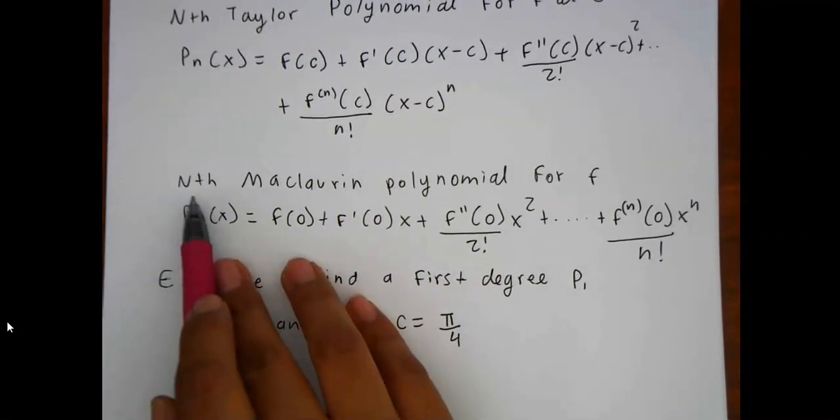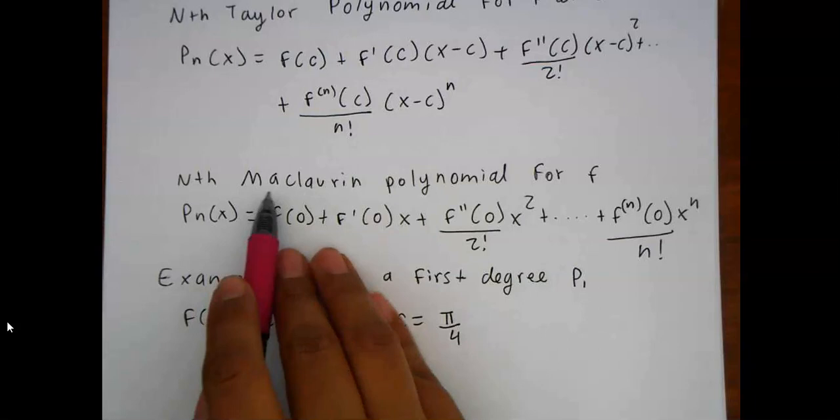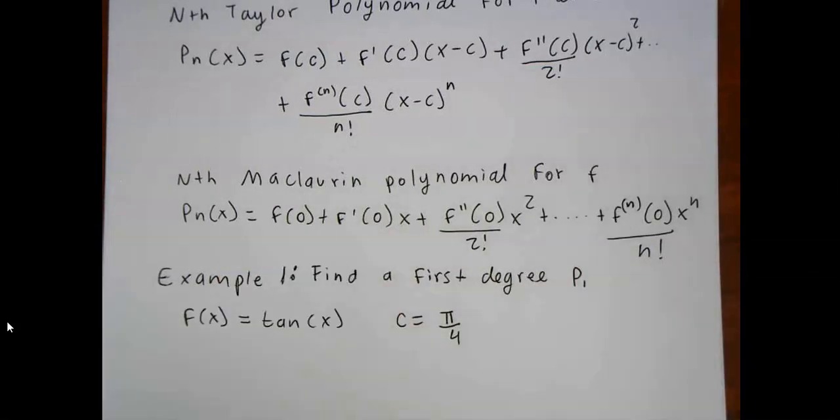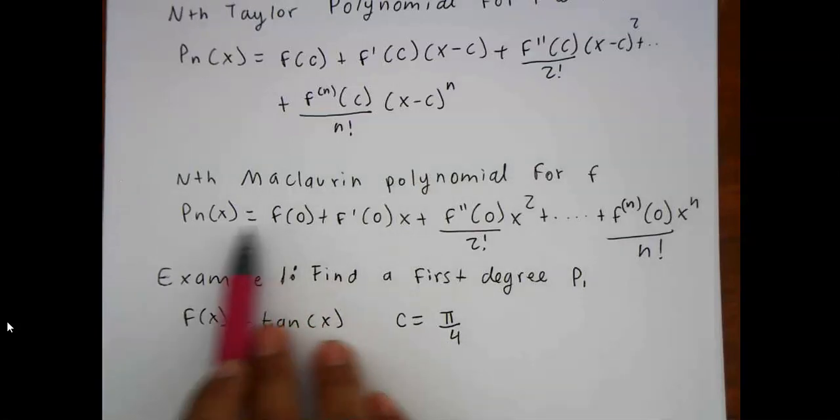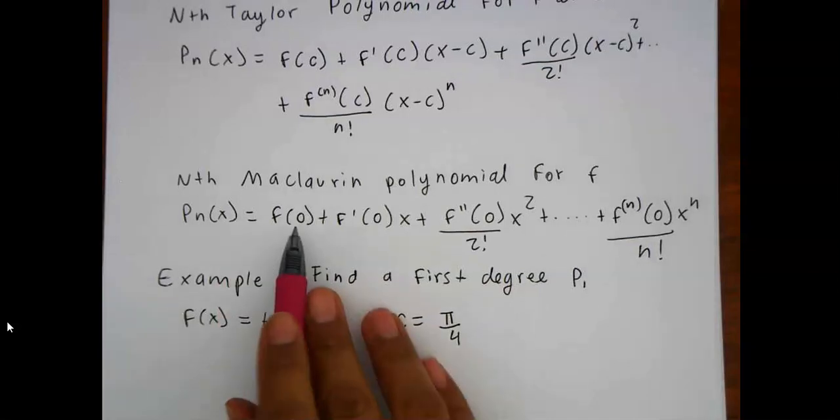This one, the Maclaurin polynomial for f, is a specific Taylor polynomial. Why? Because c is 0. So it's the same thing as before, but c is 0.